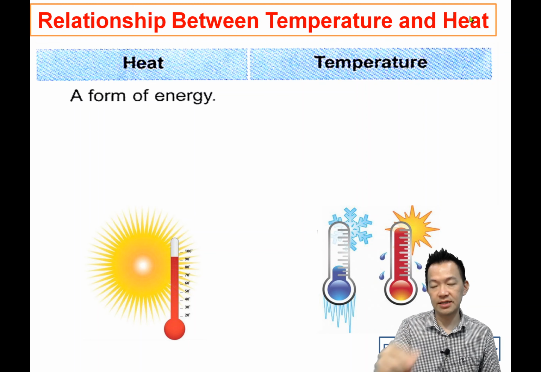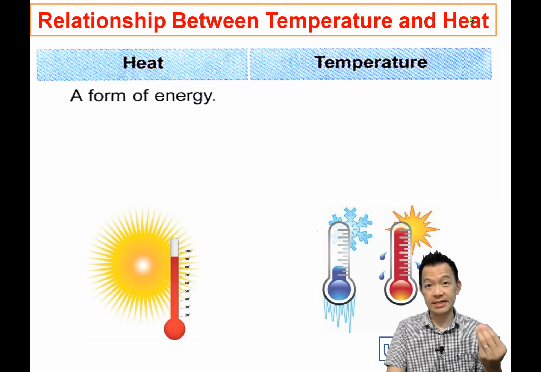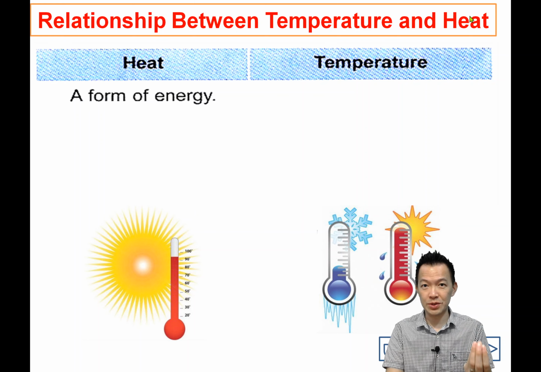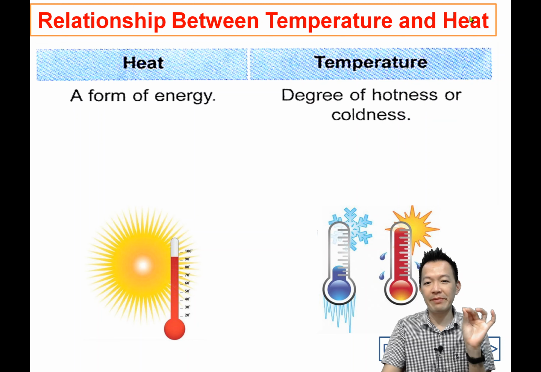Temperature actually is a measurement. 它是一种测量出来的东西。It's just a number. It's the Arabic number. 它是阿拉伯数字，就是你测量热能的，不是。So what is meant by temperature?